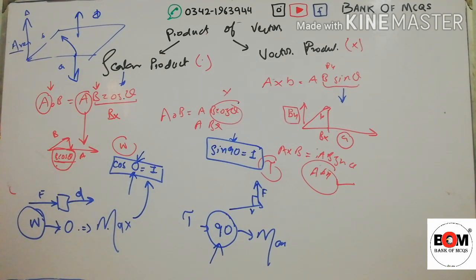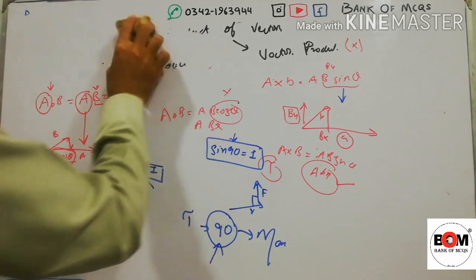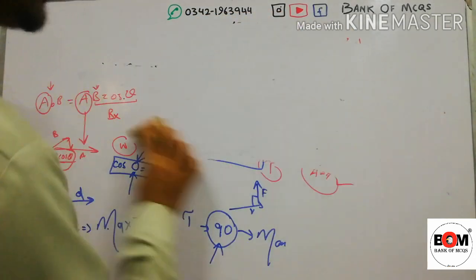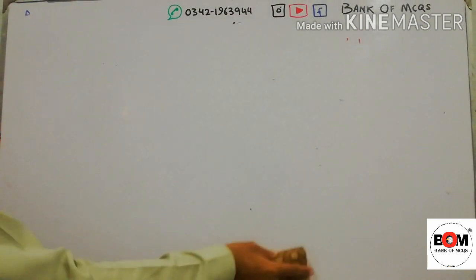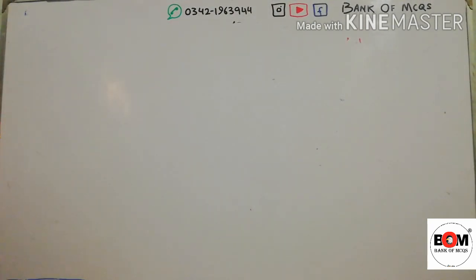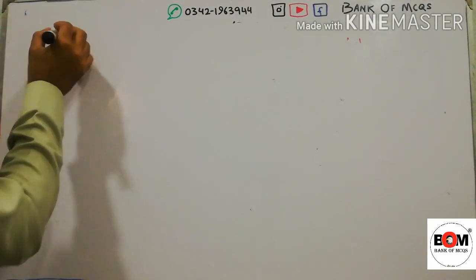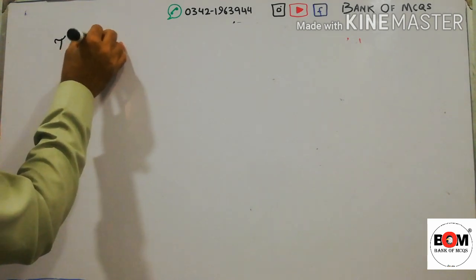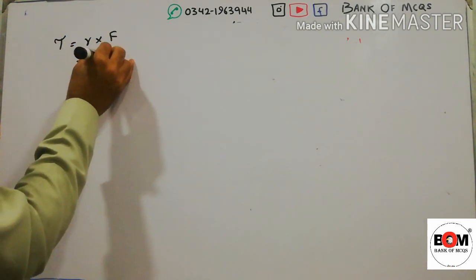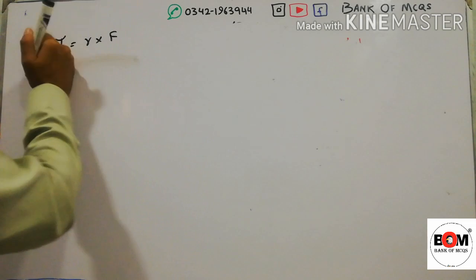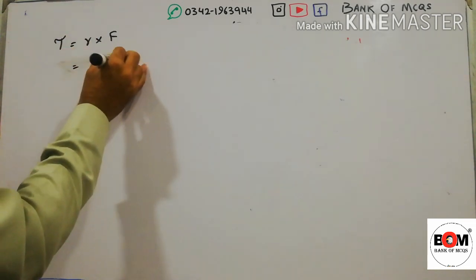The next topic is torque, or moment of force. That is simple, we may have discussed it in many chapters. We know that when a force is applied at R, it produces torque, where torque is equal to R cross F, which is equal to RF sin theta.